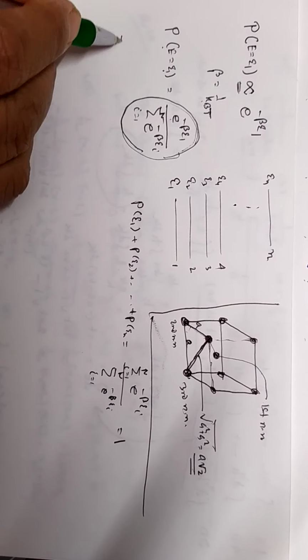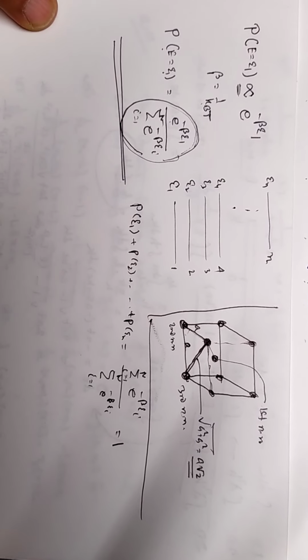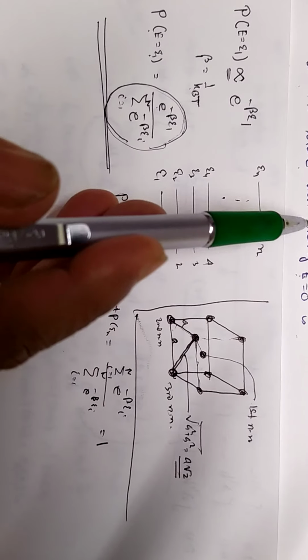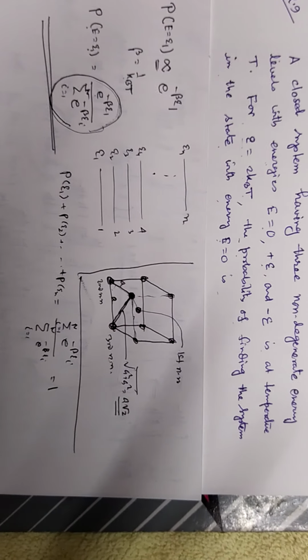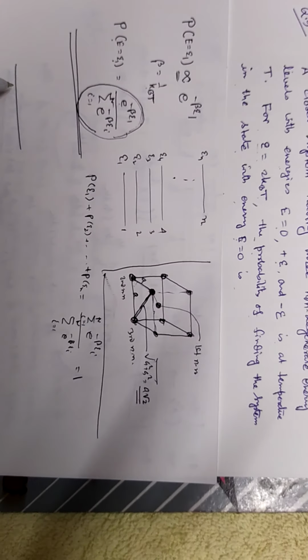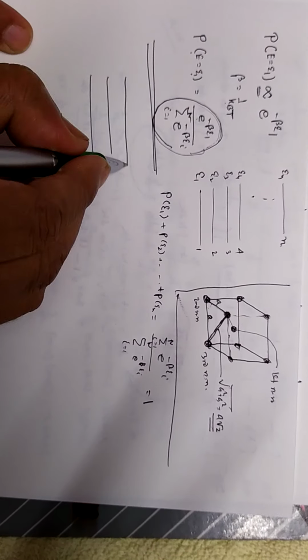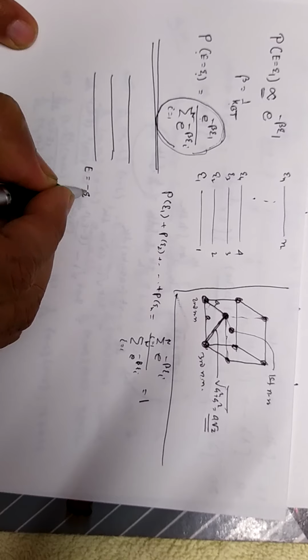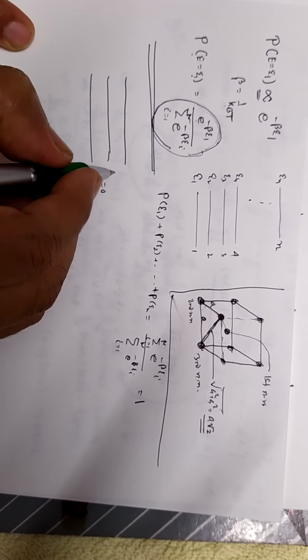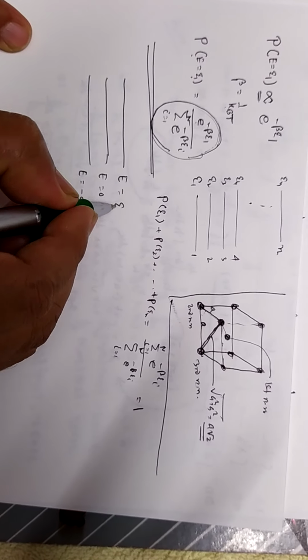Okay, so given the general description, let me come back to the question that has been asked here. In this case we have three energy levels. This is 1, this is 2, and this is 3, just three energy levels. This level has energy E equals minus epsilon, this has E equals 0, and this level has energy E equals epsilon, right?